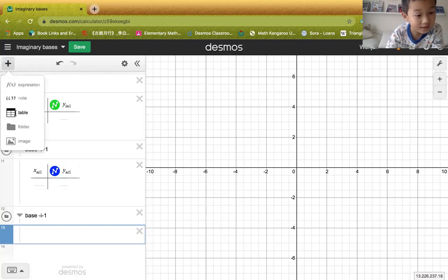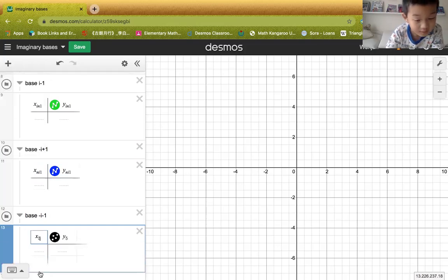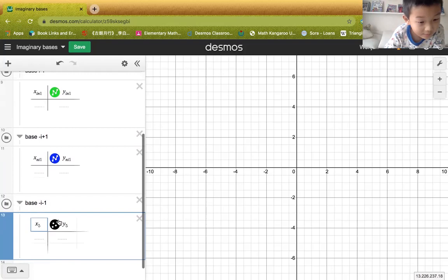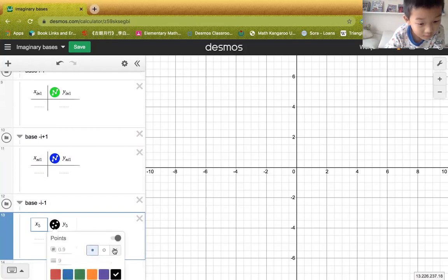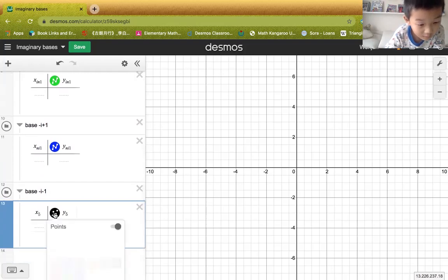Finally, we are going to add another table here that has yellow check. Better.